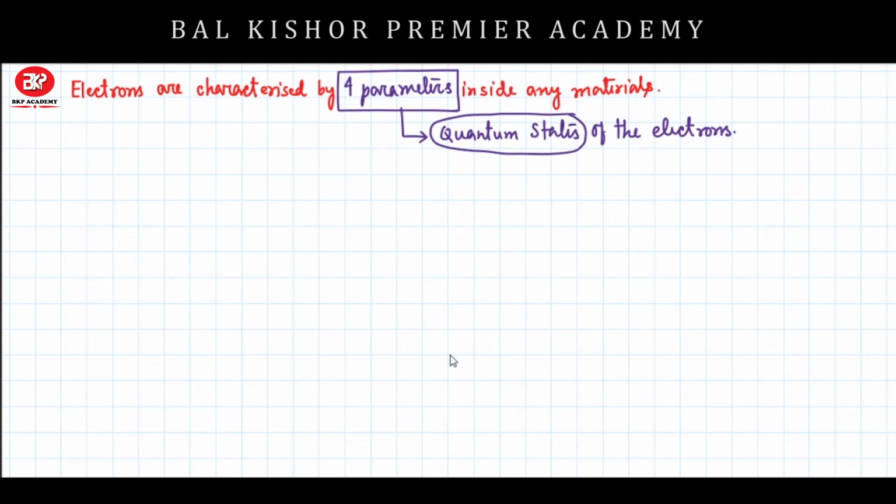For the case of an electron, there are four quantum numbers, or quantum states. So what are the four quantum numbers? Generally, for an electron, there are four quantum numbers.